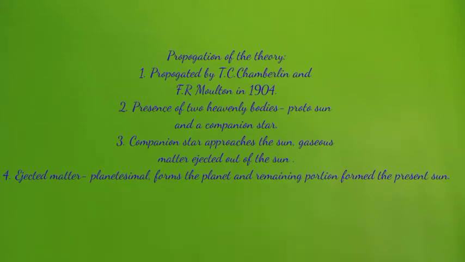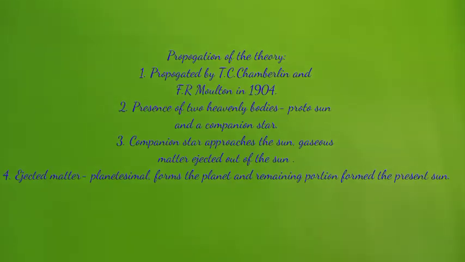It is the name given to the sun in those times. At present, we call the proto-sun the sun. But this was the name in fact given to the sun by Chamberlain and Moulton, proto-sun. And apart from the proto-sun, there existed a star which is much bigger than the proto-sun.